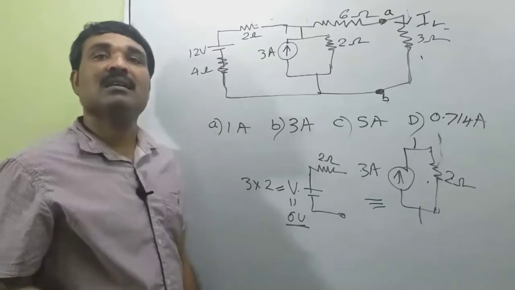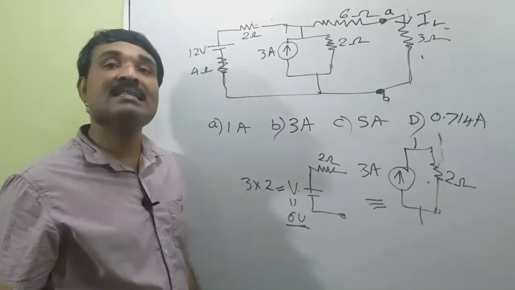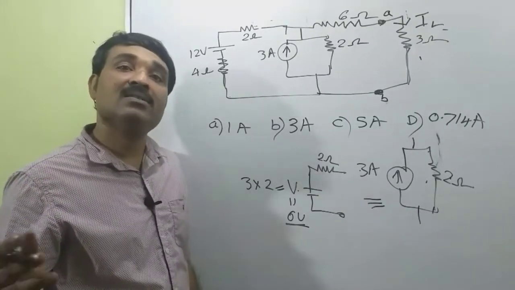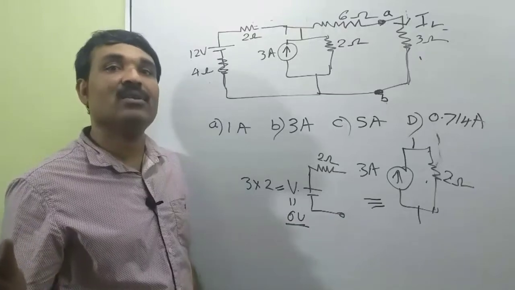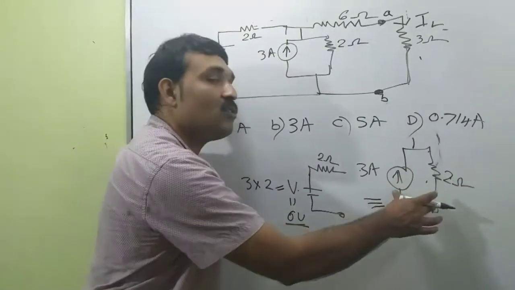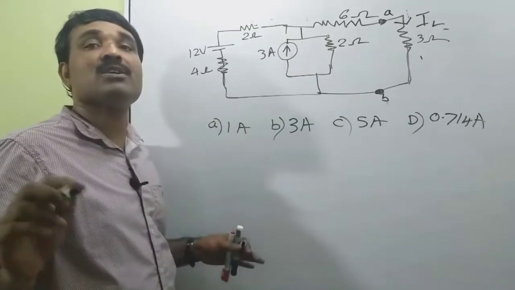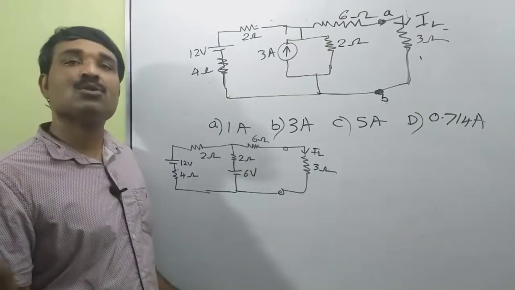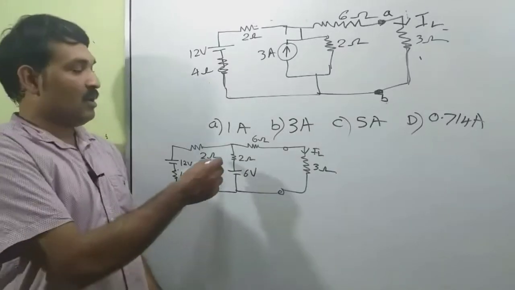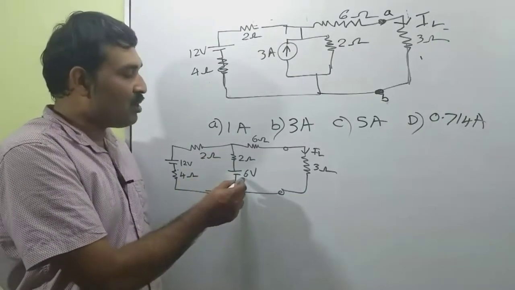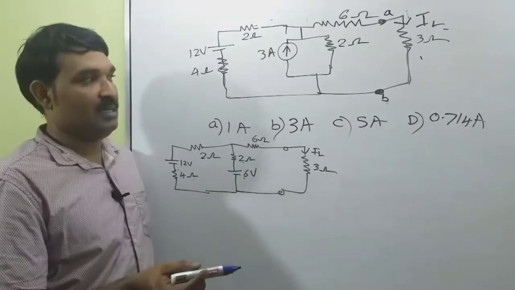The source transformation is discussed in detail in the previous lectures. You can refer to that for more concept on this kind of transformation. Now, after source transformation, our circuit will look like this. In this branch, a 6 volt source in series with a 2 ohm resistance.